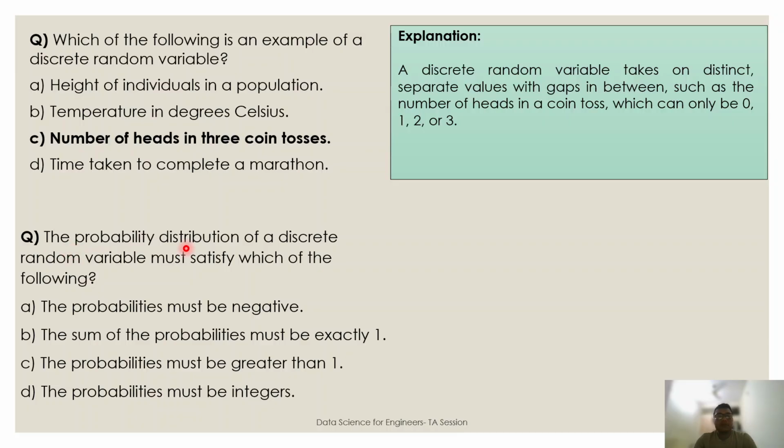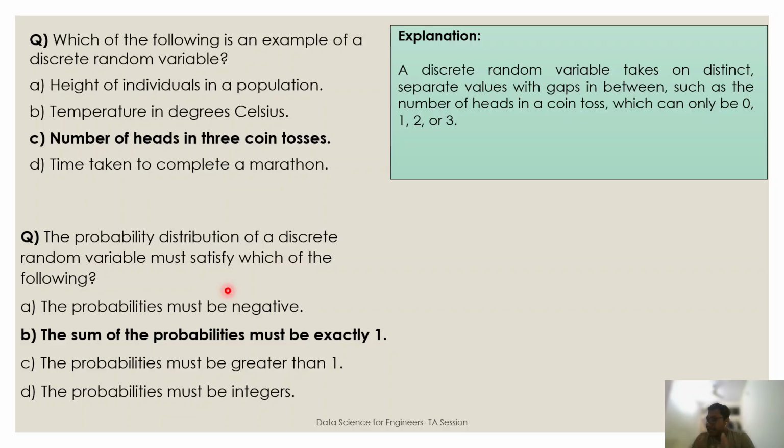Moving to the next question: the probability distribution of a discrete random variable must satisfy which of the following conditions? These are the different options. You can give your answer. We already talked about the probability conditions. Most of you answered B. Someone answered D. But probability will not be an integer.